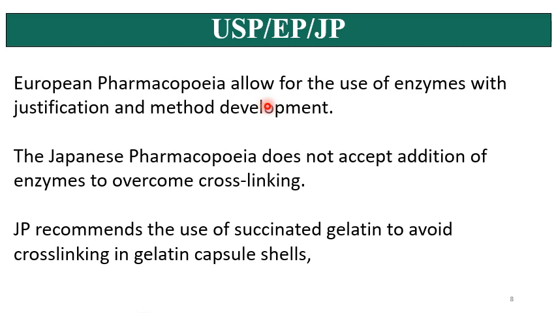The European Pharmacopoeia also allows the use of enzymes with justification and proper method development in place. The Japanese Pharmacopoeia does not accept the addition of enzymes to overcome the cross-linking. So JP is not allowing enzyme use. JP recommends the use of succinated gelatin to avoid cross-linking in gelatin capsule shells. This is the type of gelatin which will not lead to cross-linking.